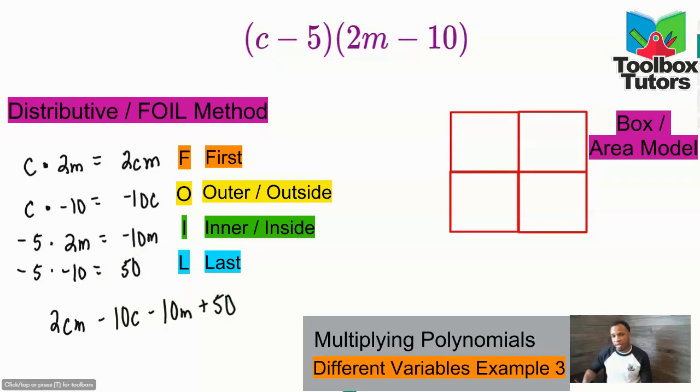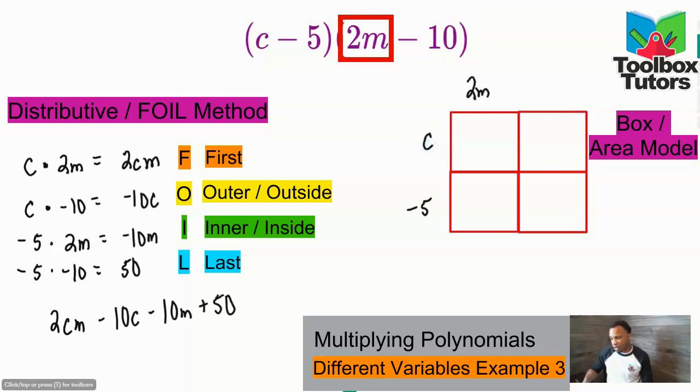Now we'll look at completing the same example using the area or the box method. So now we'll take each term from the first parentheses and we'll put it along the left side of these boxes. So we have c right here and -5 here. Next, we're going to take what's in the second parentheses and put it on the very top of these boxes.